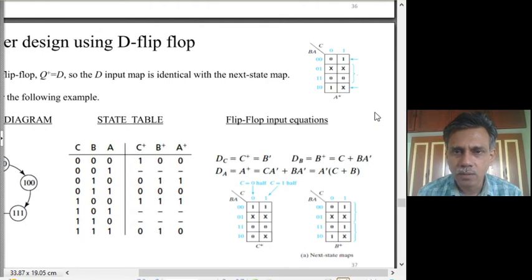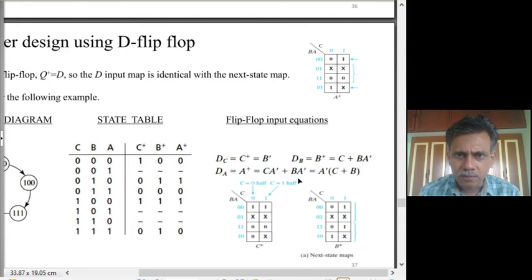So if you try to club, you will see that this coverage gives you B bar C. There is one coverage here that will give you B A bar.